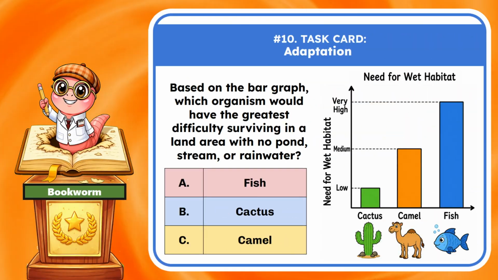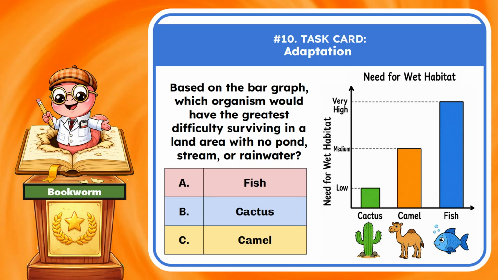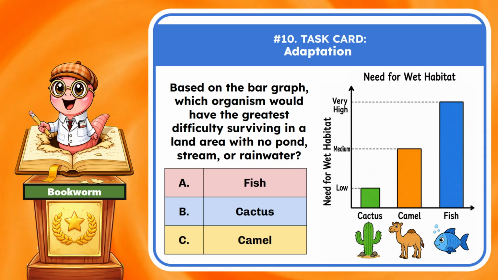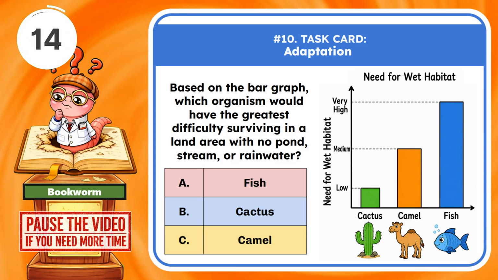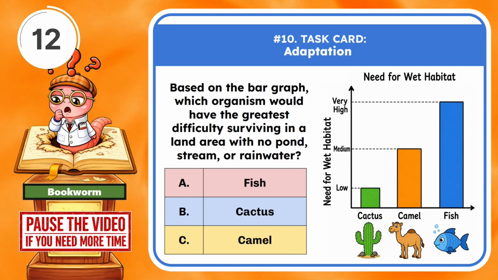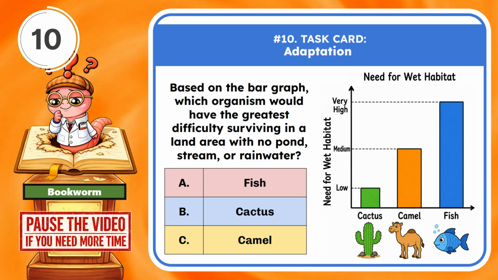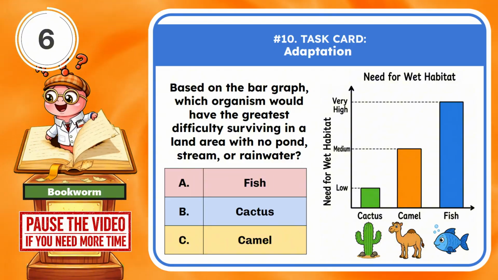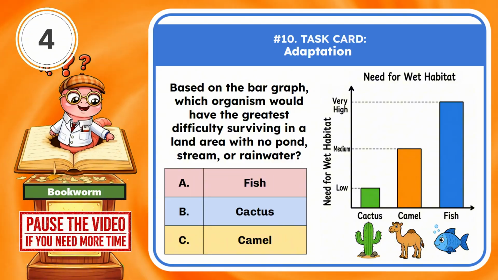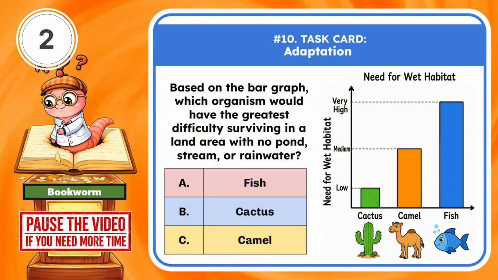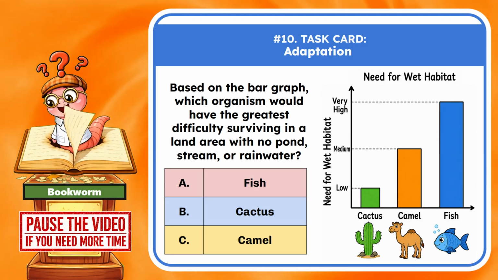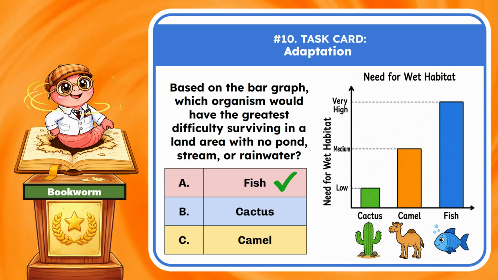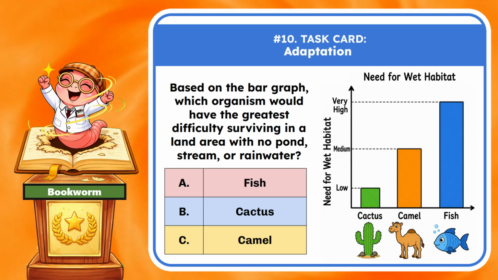Based on the bar graph, which organism would have the greatest difficulty surviving in a land area with no pond, stream, or rainwater? And the correct answer is letter A, fish.